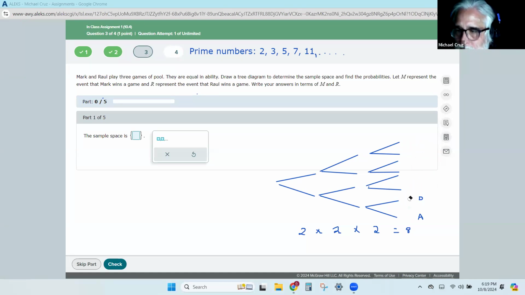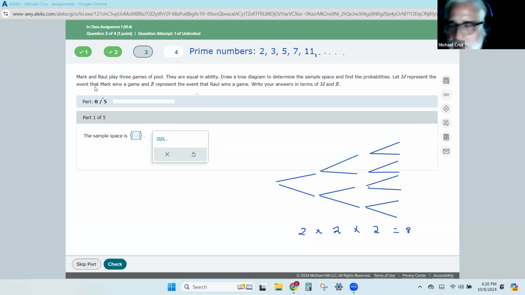All right. So on this one, we got a different scenario. But again, there's only 2 outcomes for each one of these. It says Mark and Raul play 3 games of pool, like the 3 kids, or pick the 3 computers. They're equal in ability, so we don't have to worry about probability. It's just going to be one or the other. Draw a tree diagram to represent the sample space and find the probabilities.